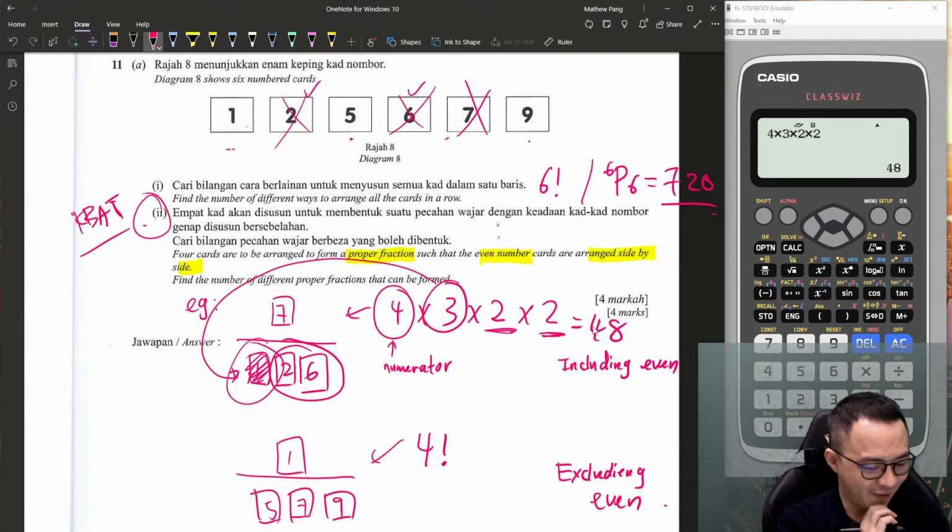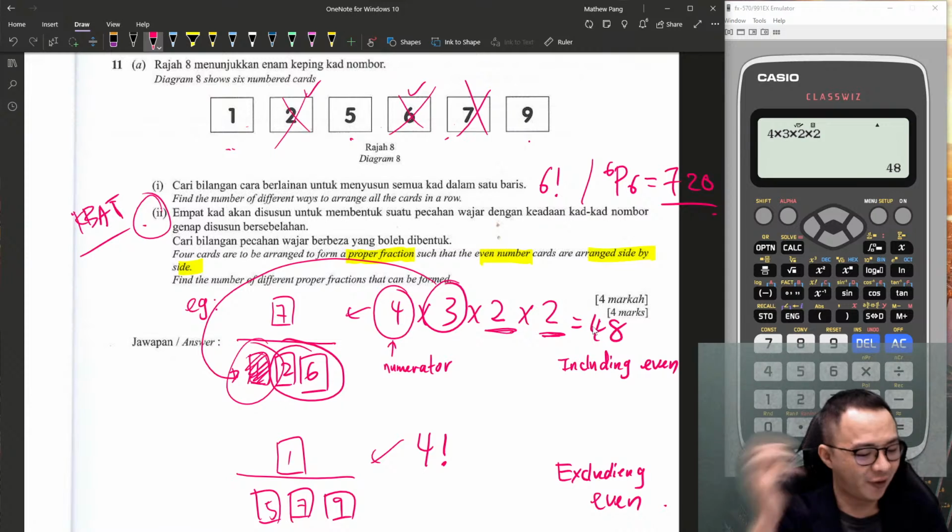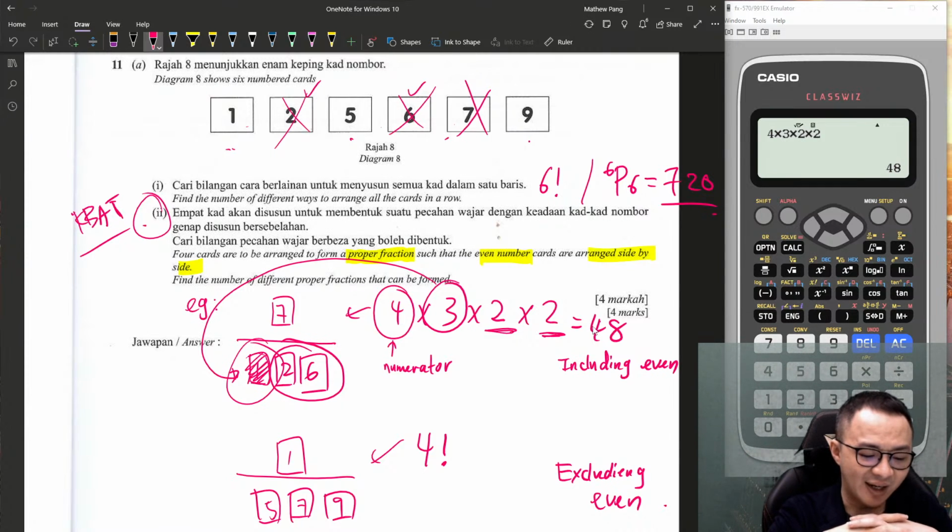Can we exclude even card? Because I remember the answer is quite small. 4 cards are to be arranged to form a proper fraction such that the even cards are arranged side by side. Find the number of proper fractions that can be formed.